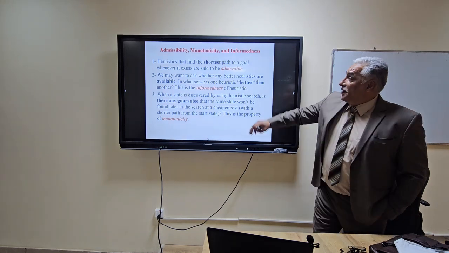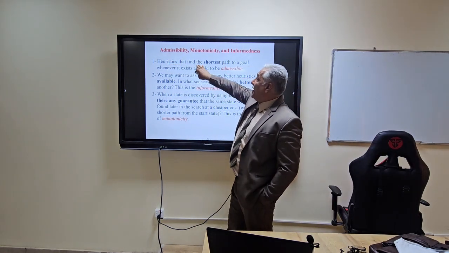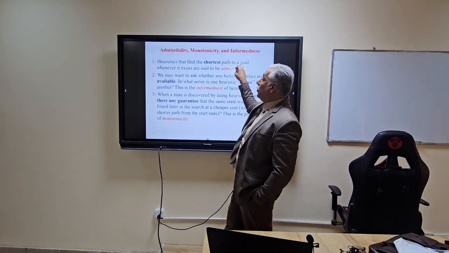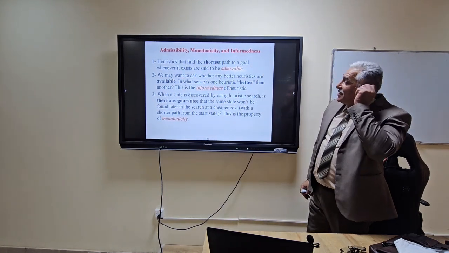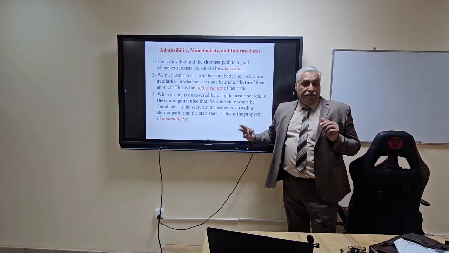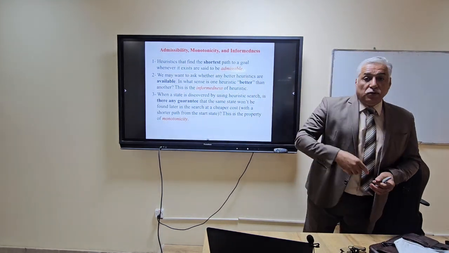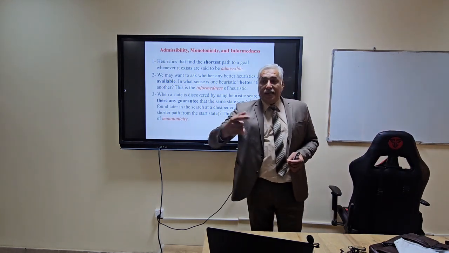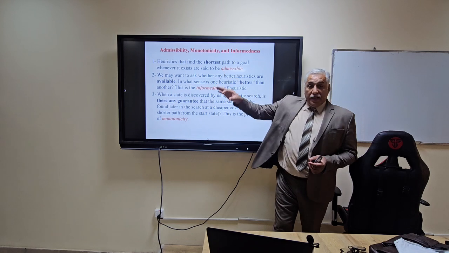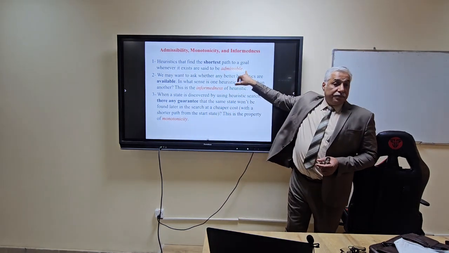Admissibility means that a heuristic that finds the shortest path to a goal whenever one exists is said to be admissible. That means when I use the heuristic and I get the search path that reaches the goal, this search will be called admissible.